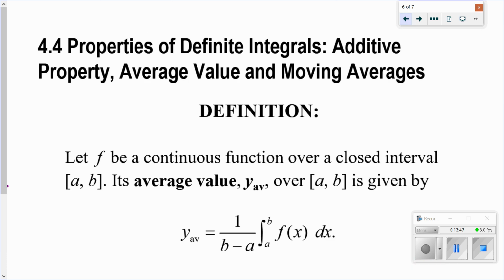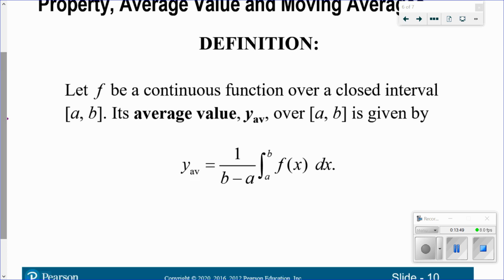So we are going to figure out the average of the area by taking 1 over b minus a, the antiderivative from a to b of f of x dx. So we're still getting this section here as the area.